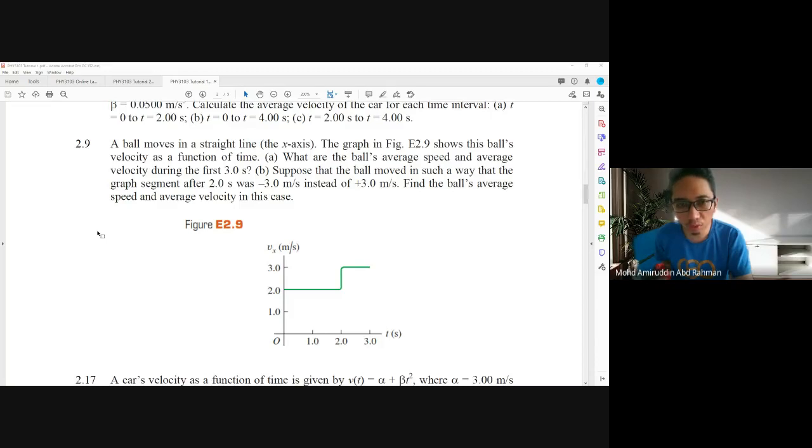So we get 4 meter. Okay. So for t from 2 to 3 seconds, so we have the delta t as 1 second. And then the delta x is, okay, the speed over there is 3 meter per second. So 3 times 1, so we get 3 meter.